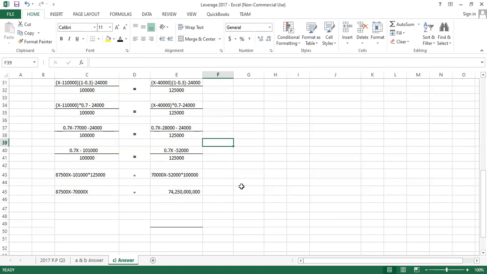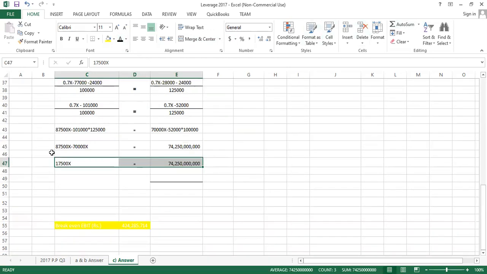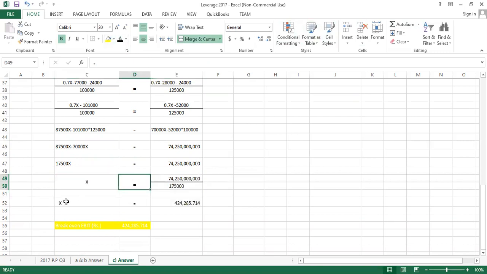Then solving further, 87,500 minus 70,000 equals 17,500X equals this amount. Then we can get X, meaning the earnings before interest and tax level, is 424,285.714.